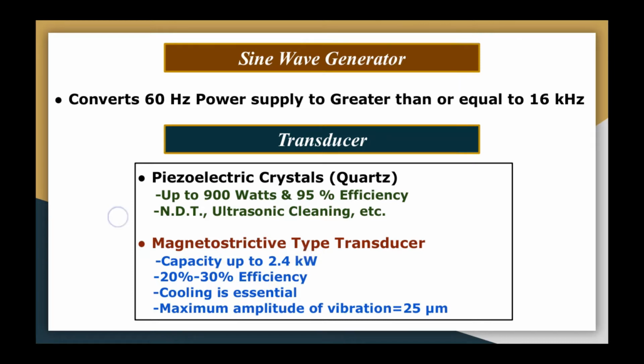In case of this magnetostrictive type transducer, you always require cooling, so it becomes essential. The maximum amplitude of vibration that you can obtain is 25 micron.